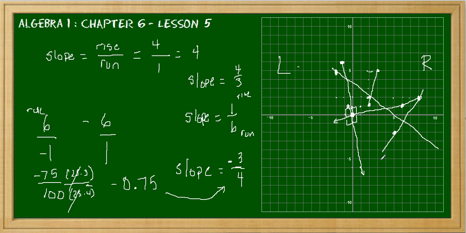And if you see the pattern, then take a look at F and G and say, oh, I know what my slope is and I know what my y-intercept is without graphing. So that's really a prelude to the next lesson. So that's your challenge, and if you have any questions, you know where you can find me.